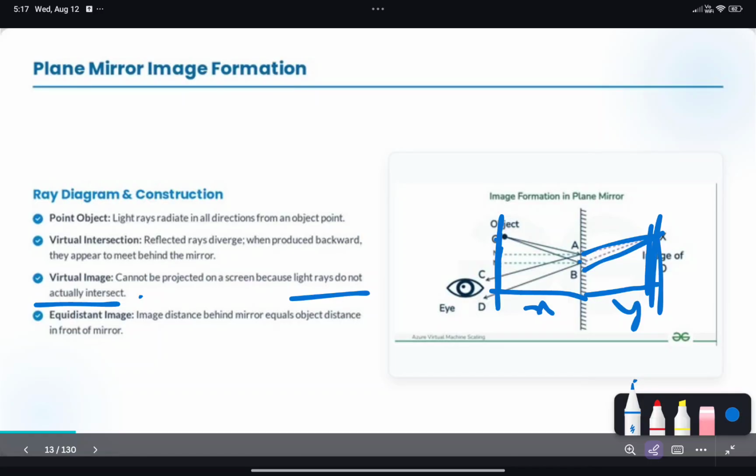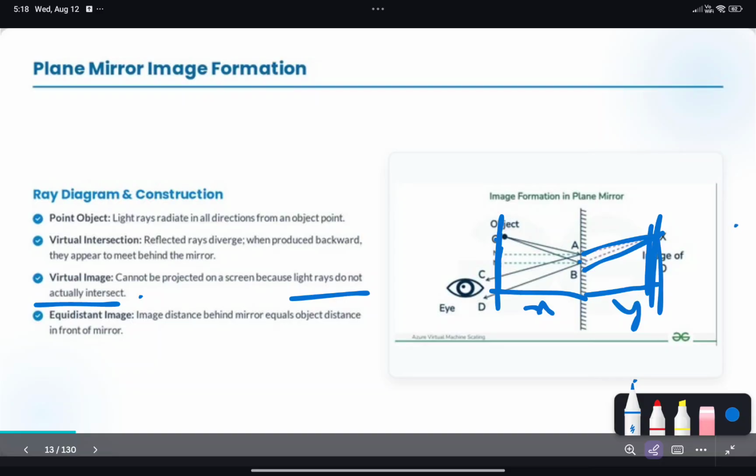See, equidistant. The distance from the object to the mirror is equal to x, and the distance from mirror to image is equal to y. Then x is equal to y. Simply, the distance from the object to mirror is equal to the mirror to image.